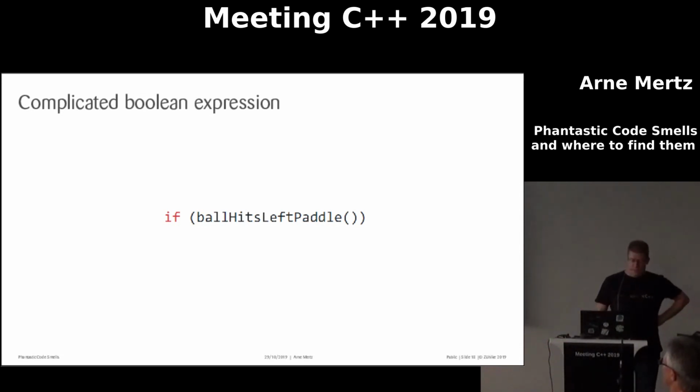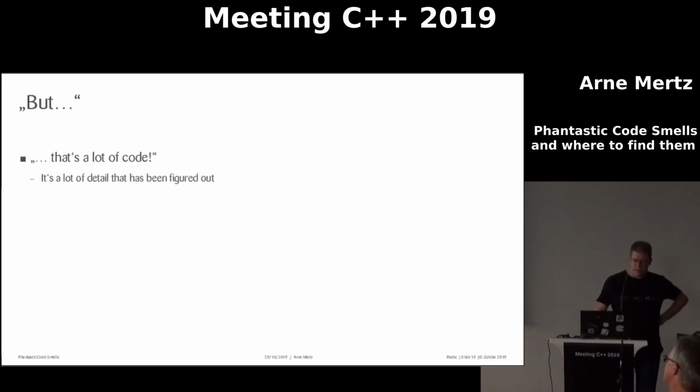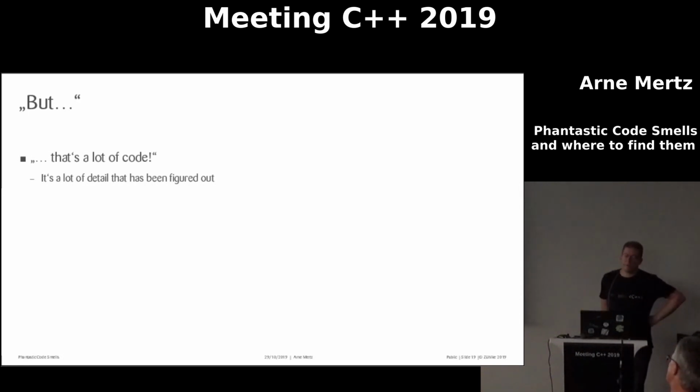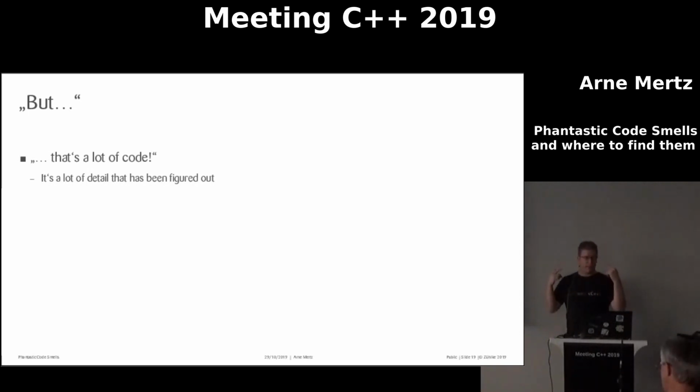So there's a but, one that I hear relatively often. That's a lot of code. It is. But it's also a lot of detail that whoever has written the code in the beginning has made up in their mind, has calculated. So they have not thought about, well, I write this expression and I'm done.